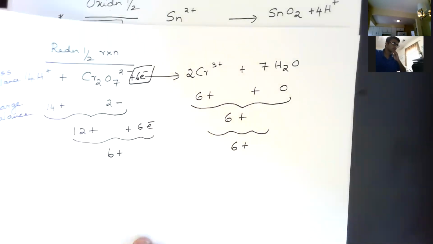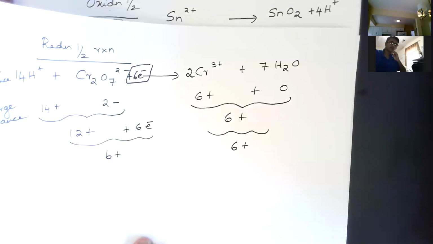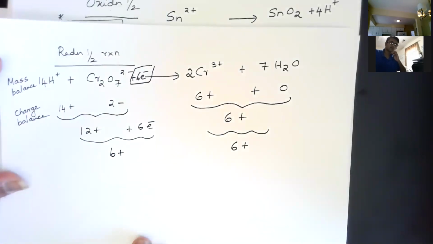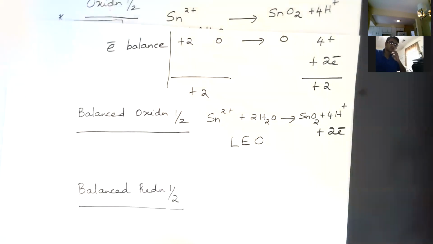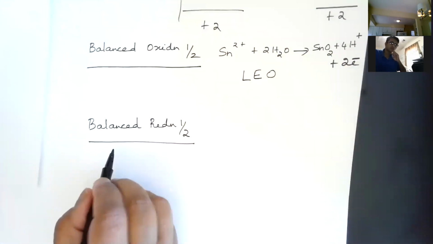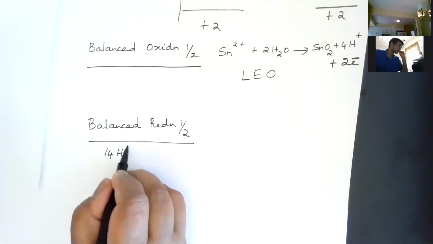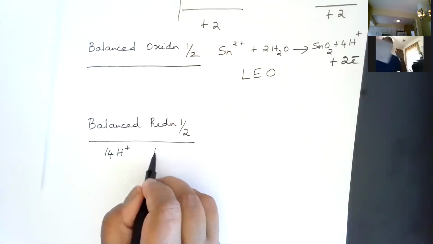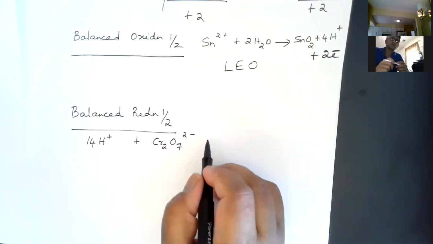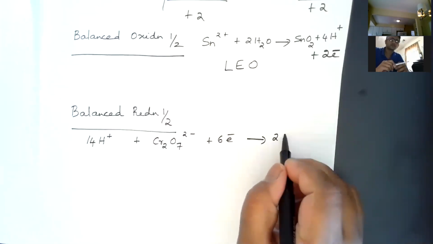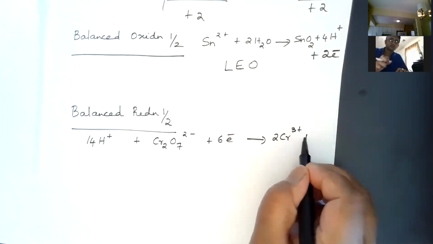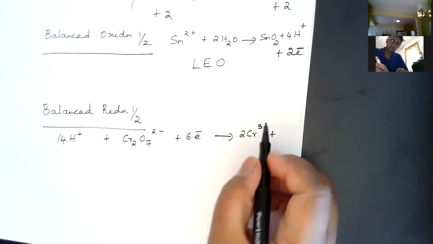I'm going back to that page. Got this? This is 14 H plus, Cr2O7 2 minus, plus 6 electrons, giving 2 Cr3 plus, 7 water.